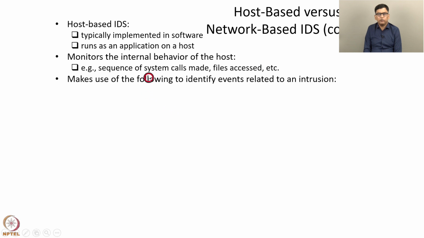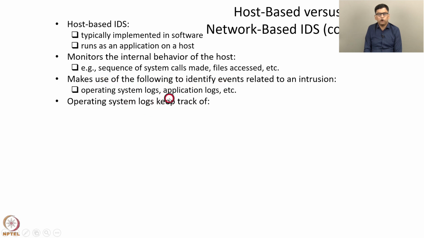A host-based IDS makes use of the following to identify events related to an intrusion. The IDS looks at operating system logs, application logs, and so on. The operating system logs have log information about operating systems, and application logs have log information about applications.